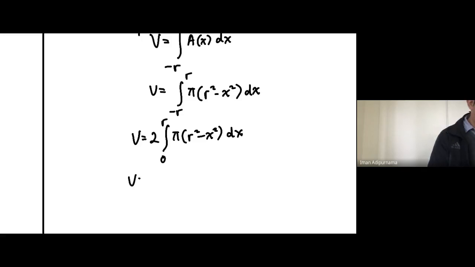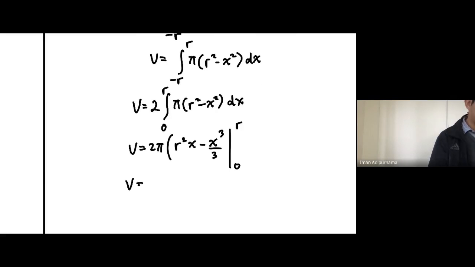So pi is just a constant. We can move it out, and then evaluate r squared x and then x cubed over 3 from 0 to r. So 2 pi, and then plug in r.